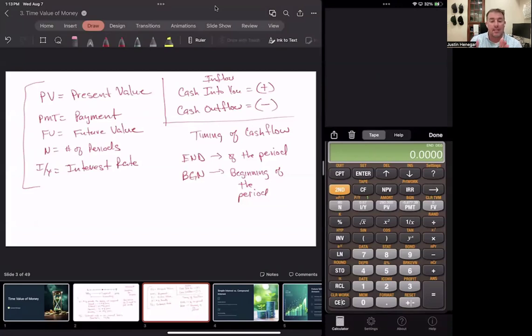That first payment doesn't get to generate additional interest or growth because we're getting that money today. That money is coming into our pocket today, which means it's not going to yield any return. So the calculation has to know, is the payment coming at the beginning of the period or the end of the period? Okay. So we need to know our five components. We need to know if it's a cash inflow or a cash outflow, and we need to know whether it's the beginning or the end of the period.